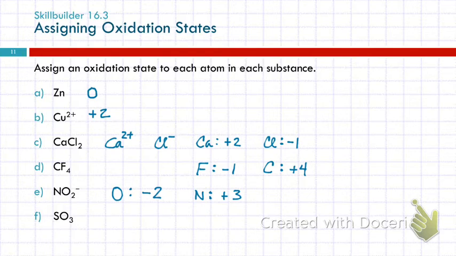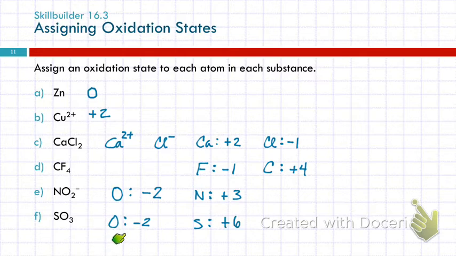SO3, 2 nonmetals, F 765. No fluorine, no hydrogen, oxygen. Oxygen gets first choice. Oxygen wants to be -2. Sulfur has to make up the difference. +6.